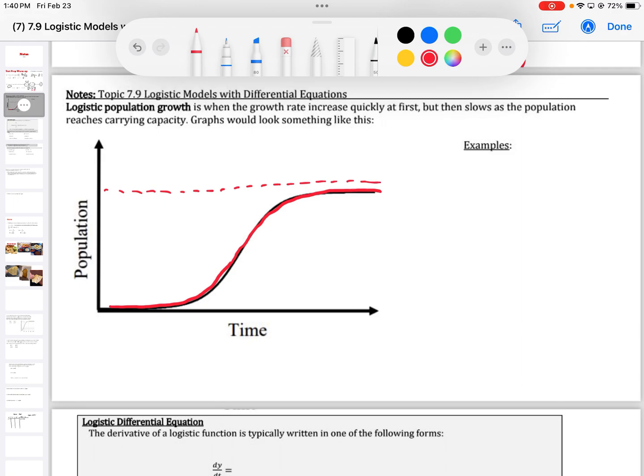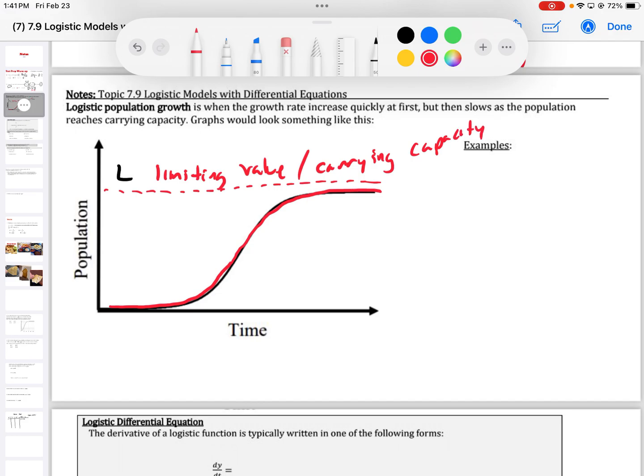So write that. That dotted line right there, we're going to call that L. That is the limiting capacity, the limiting value, the carrying capacity. They kind of use that interchangeably.